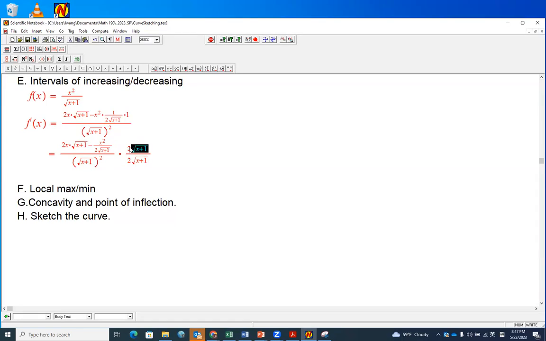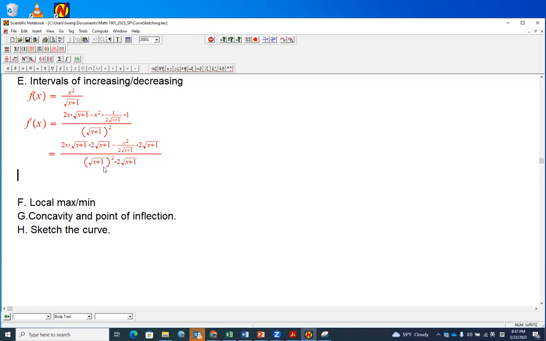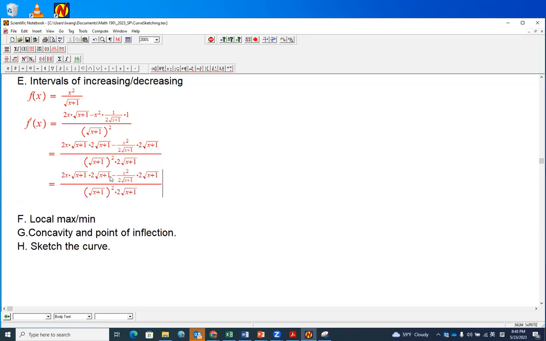And then the top is going to multiply. The numerator has 2 terms, right? Distribute it. And the denominator will multiply with the denominator. So this piece is used, right? And then we simplify. When we simplify, you can see this piece is going to be 2 times 2x, that's going to be 4x.